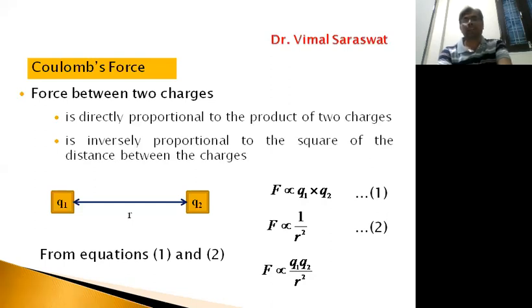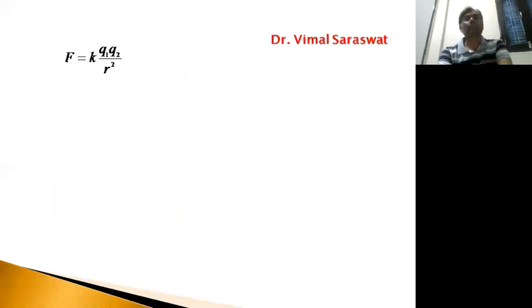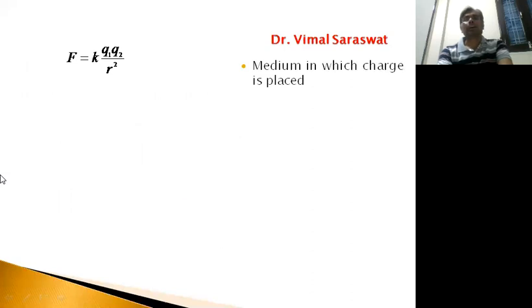So F is directly proportional to Q1 Q2 upon r square will be F equals K Q1 Q2 upon r square. Here this K is the constant of proportionality and its value depends on the medium in which the charges are placed and the system of unit used.